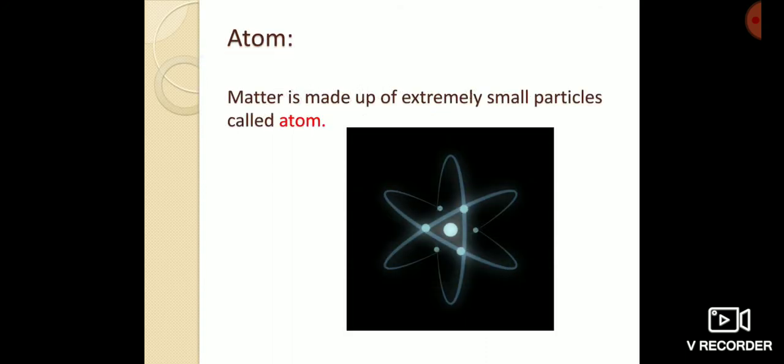Matter is composed of very small particles called atoms. Okay, they are the basic building blocks of matter. Take one example, your lead pencil. Take a lead which is made up of graphite, which is a form of carbon.